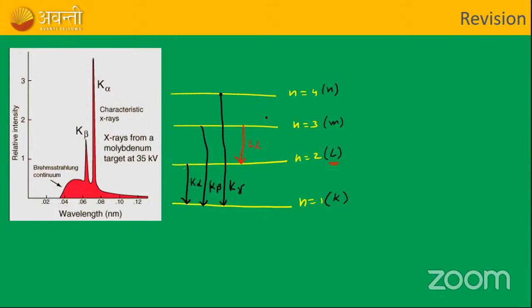If it jumps from the next higher orbit, I'll call it L beta. If it jumps from a much higher orbit, I'll call it L gamma. So I can give different names. It's completely fine. But for your JEE and NEET syllabus, we usually concern ourselves with only K alpha, and we try to use K alpha as much as possible.